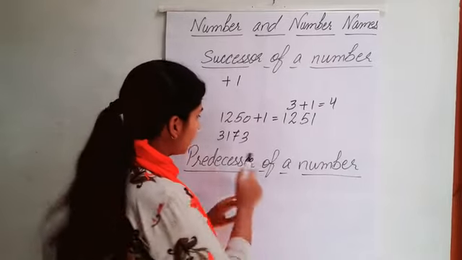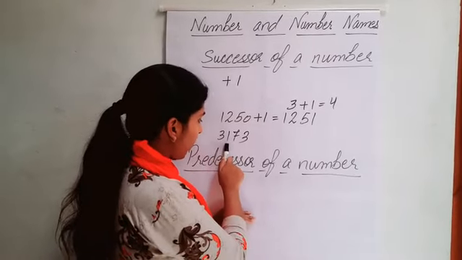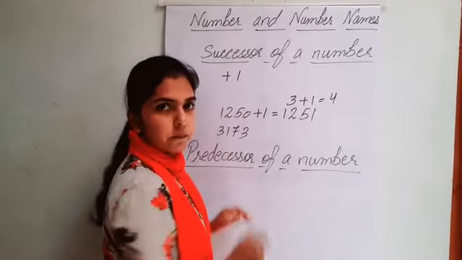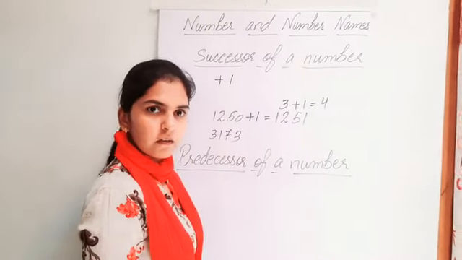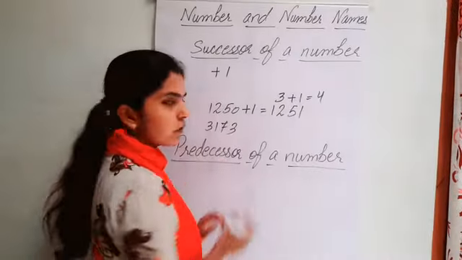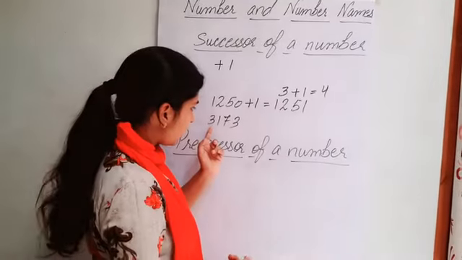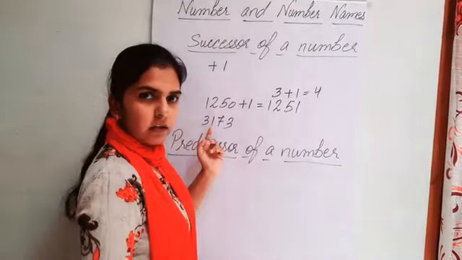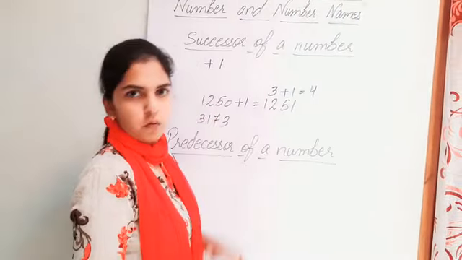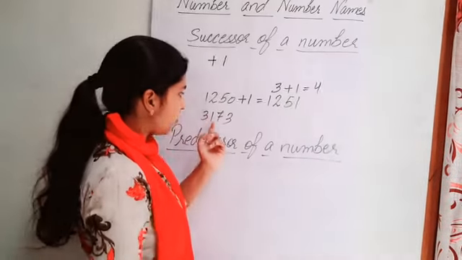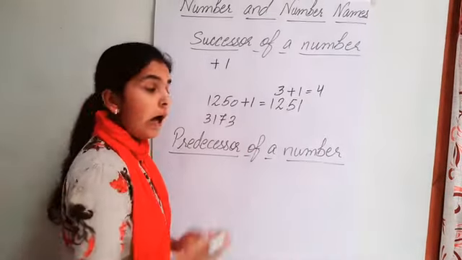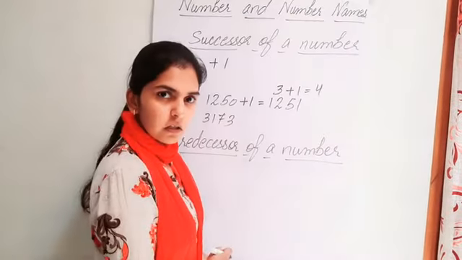Read this number. This number is 3173. So what will be the successor of this number? The successor of this number will be 3174. Okay? 3174. And how will we write this question?